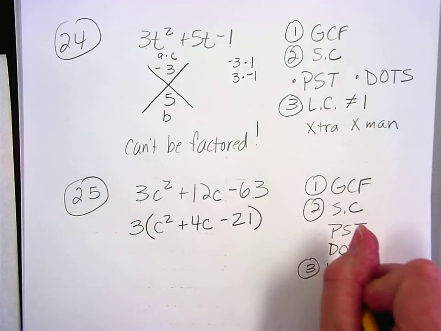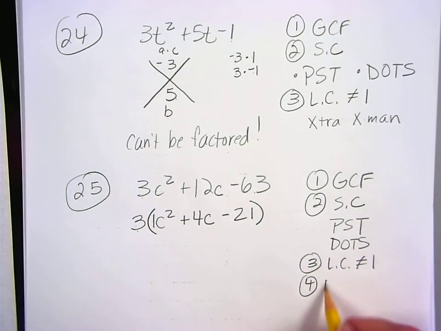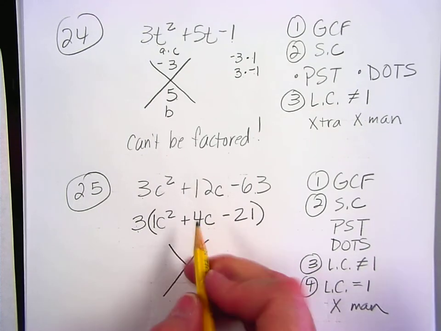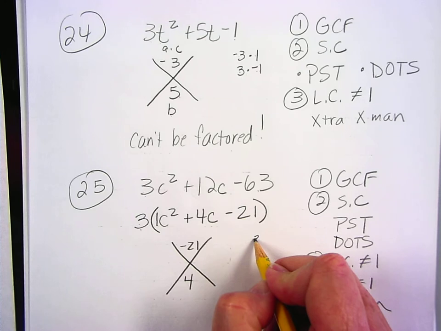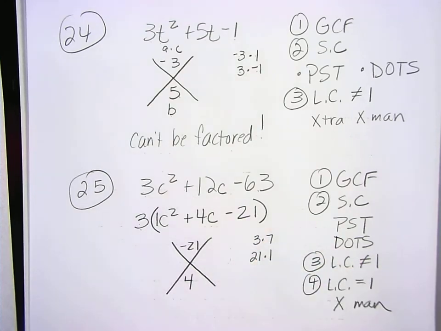Is the leading coefficient not equal to 1? No, the leading coefficient is equal to 1. So we're going to use X-man. So A times C is -21. B is 4. Let's see. 21 is 3 times 7 and 21 times 1.